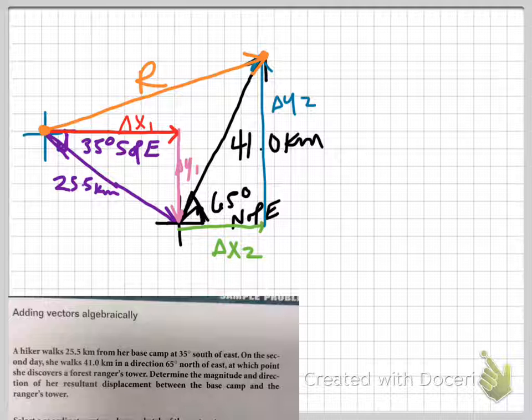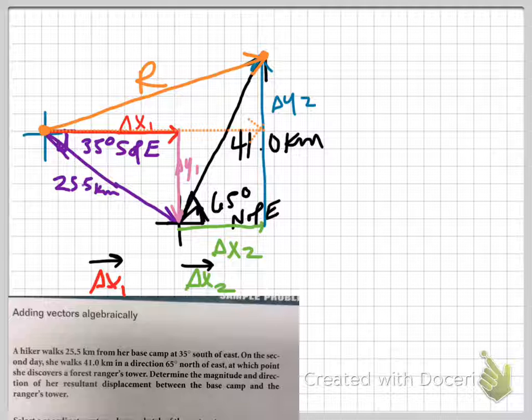This can be simplified significantly, and we will. But the thing to pay attention to is the fact that delta x1 and delta x2 are both in the same direction. Okay, so we know the magnitude of the x resultant, and I'm going to do this as sort of a dotted line, spacing it so that you can see the stuff under it.